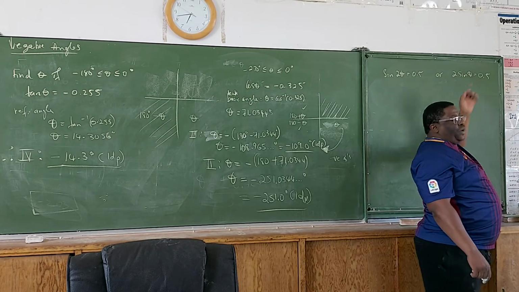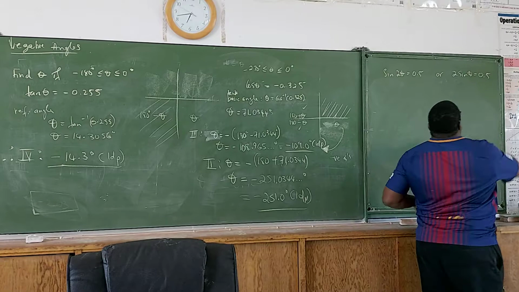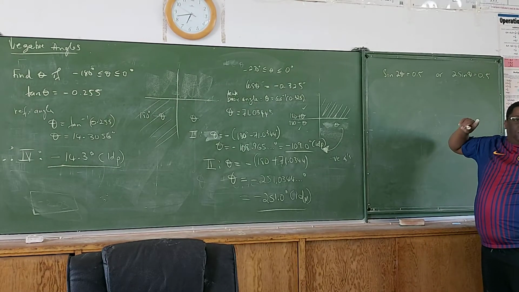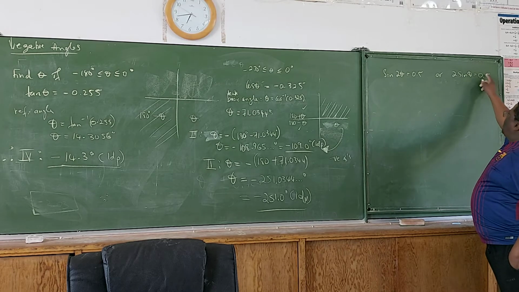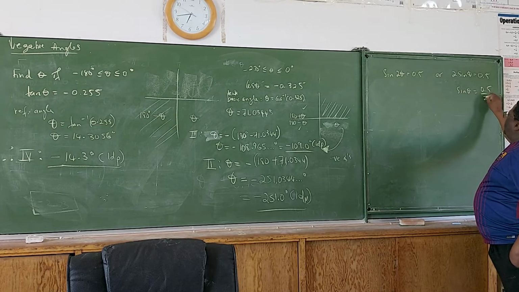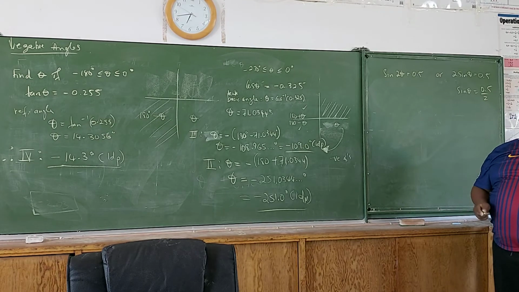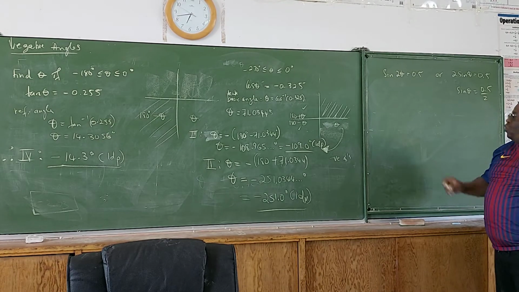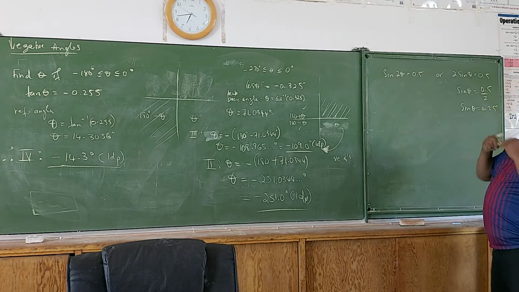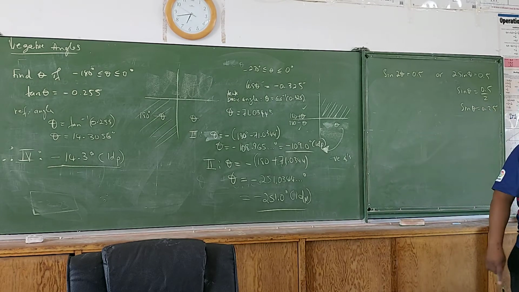So when you are dealing with the second one, you divide throughout by 2. You divide the ratio by 2, and a half divided by 2 is a quarter. So then this is going to be sine theta equals 0.25. Then you can work from there, whatever the question is giving.